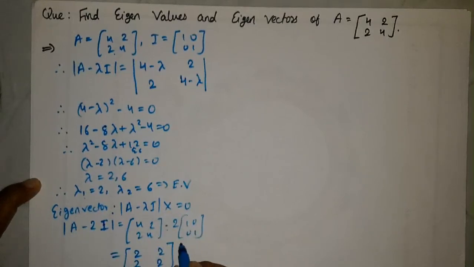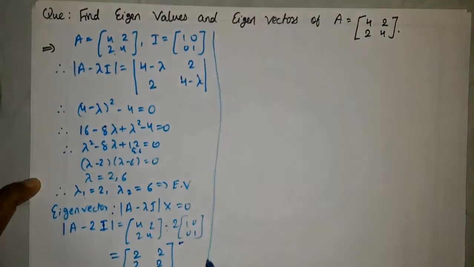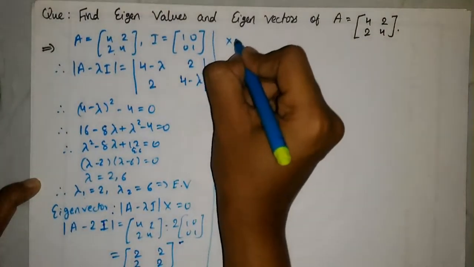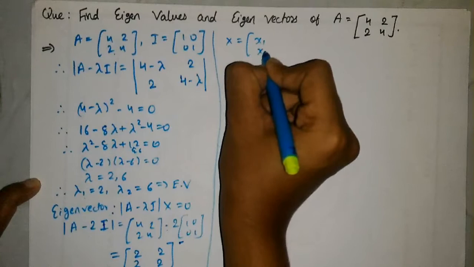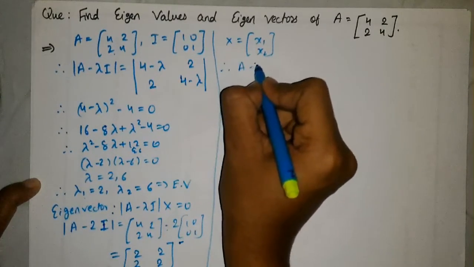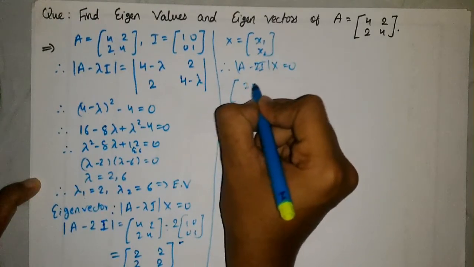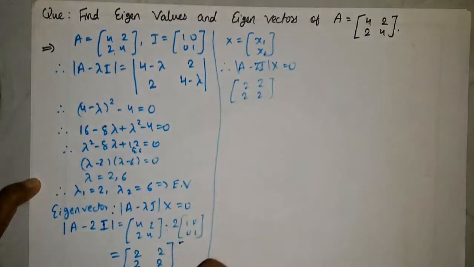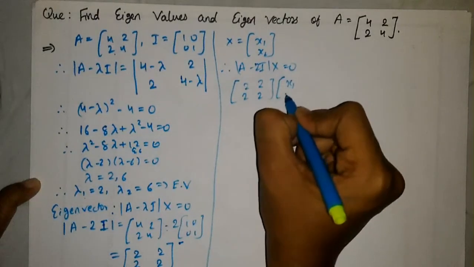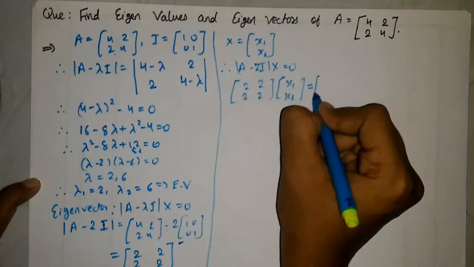Now we have to multiply by x. What is x? x is equal to [x1; x2]. Therefore, (A minus 2I) into x is equal to 0, so we can write [2 2; 2 2] into [x1; x2] is equal to [0; 0].